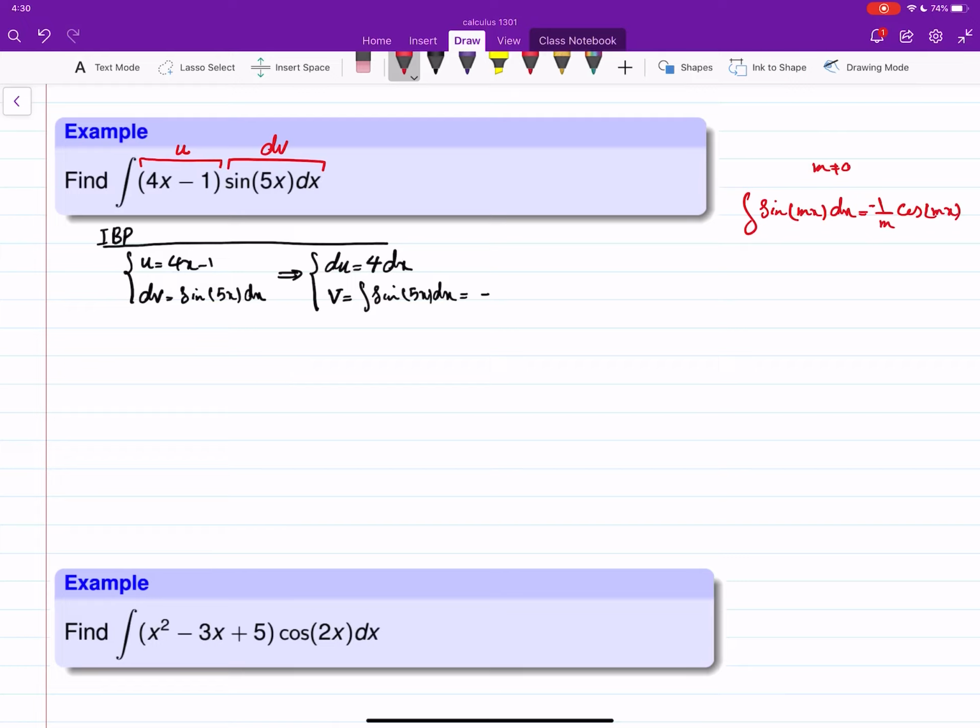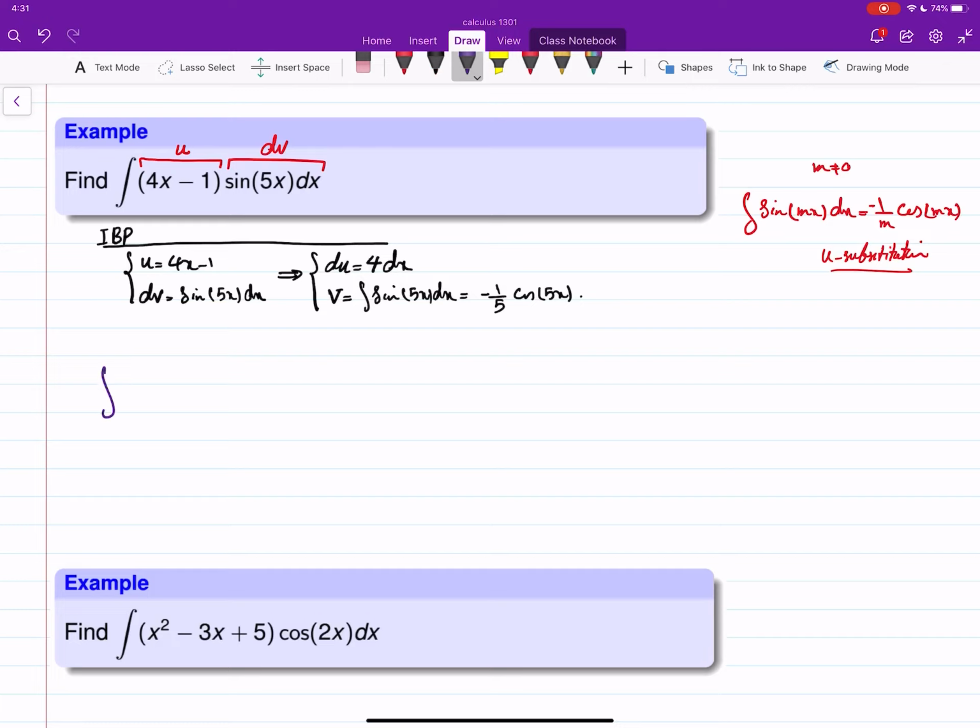But this is a result of u substitution. So here, then back to our IBP preparation, I have negative 1 over 5 cosine of 5x. I have all the components I need to apply IBP.